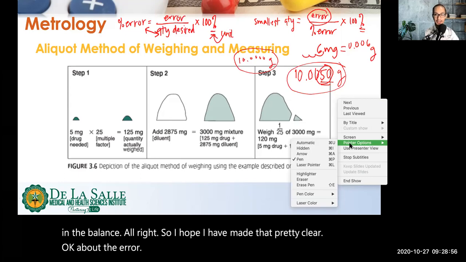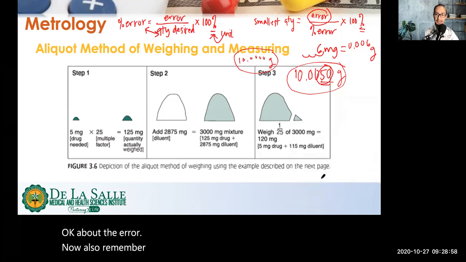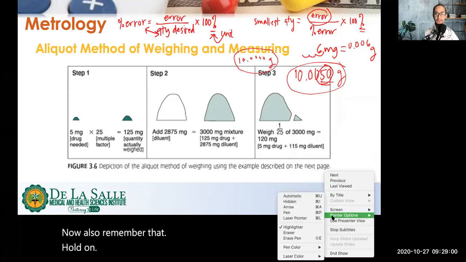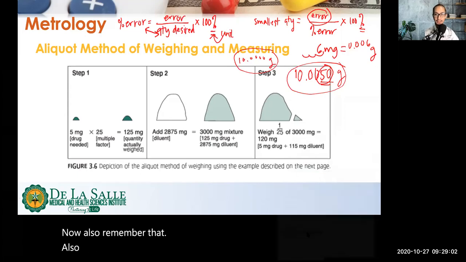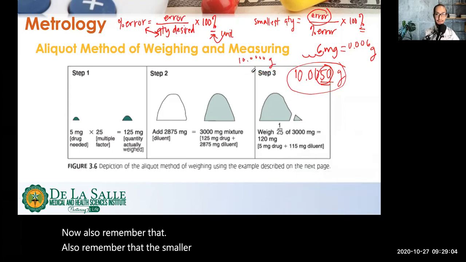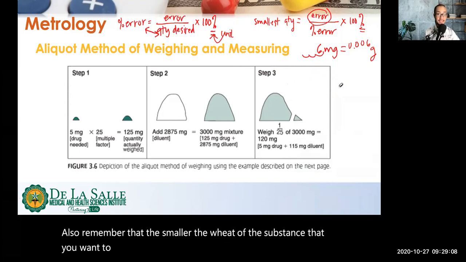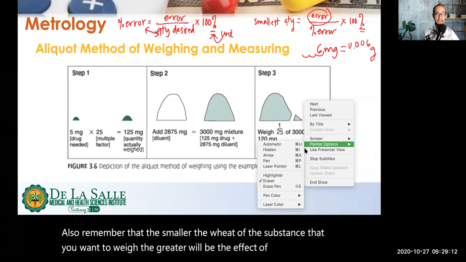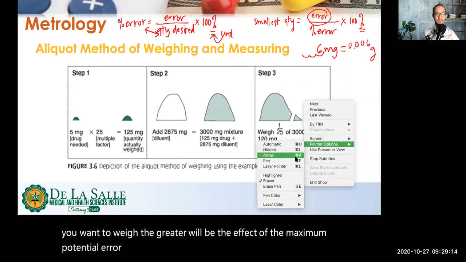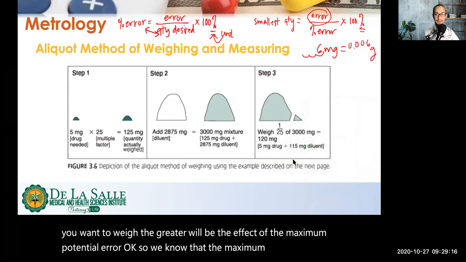Also remember that the smaller the weight of the substance that you want to weigh, the greater will be the effect of the maximum potential error. We know that the maximum potential error is a constant.